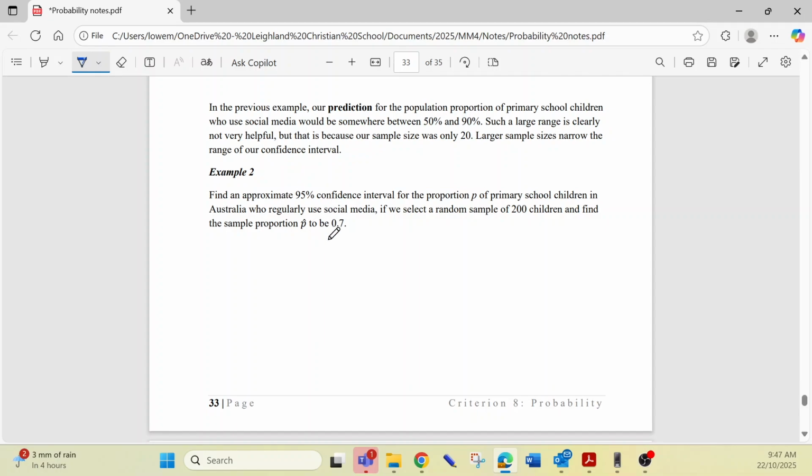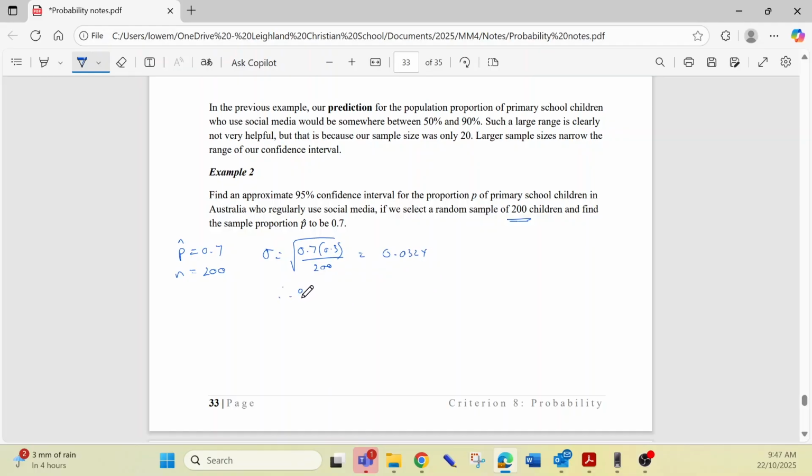Same thing for example 2, except that we've got a sample size of 200. We've still got our p hat equaling 0.7, but n this time is 200. So our standard deviation is altered slightly: 0.7 times 0.3 divided by 200 gives us 0.0324.